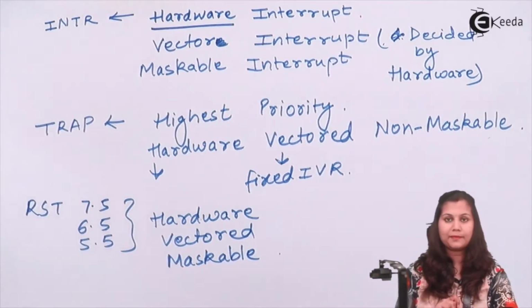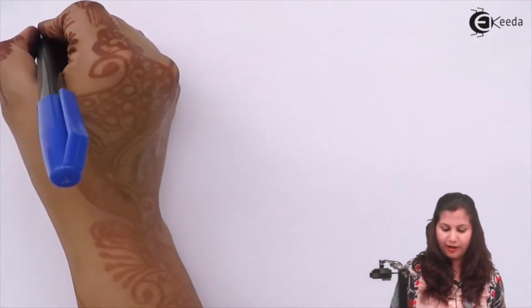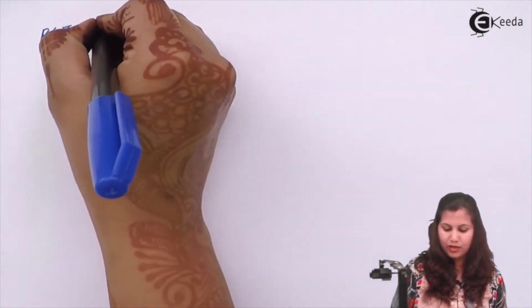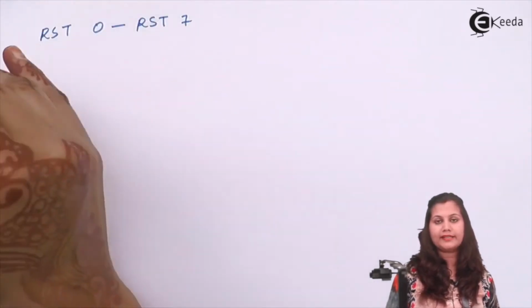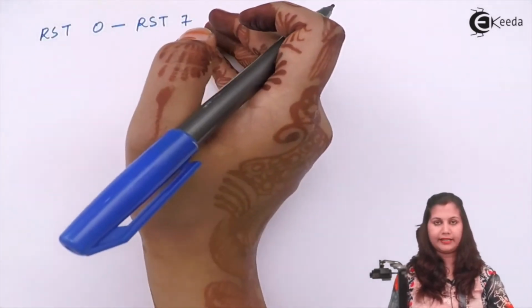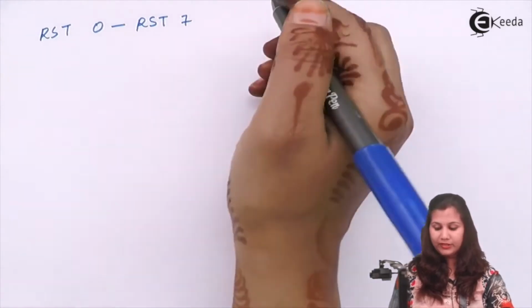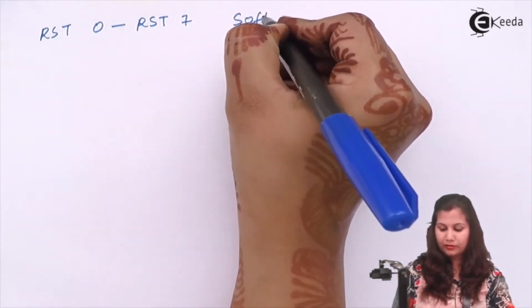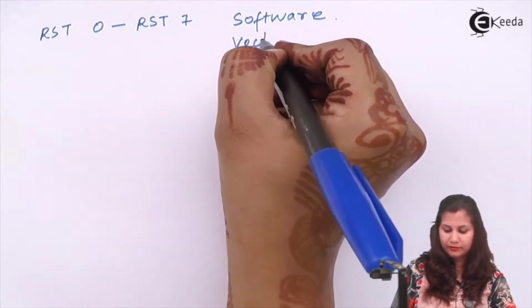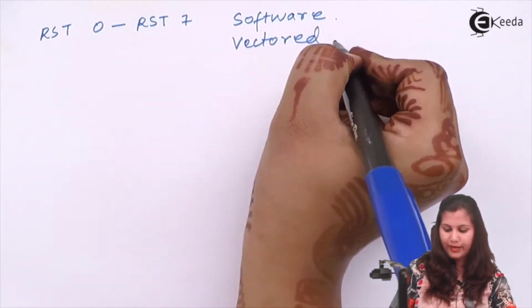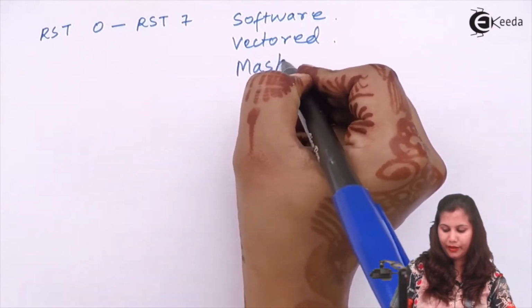The next interrupts in 8085 are RST0 to RST7. Means we have RST0, RST1, 2, 3 till RST7. Now these interrupts are software, vectored and maskable interrupts.